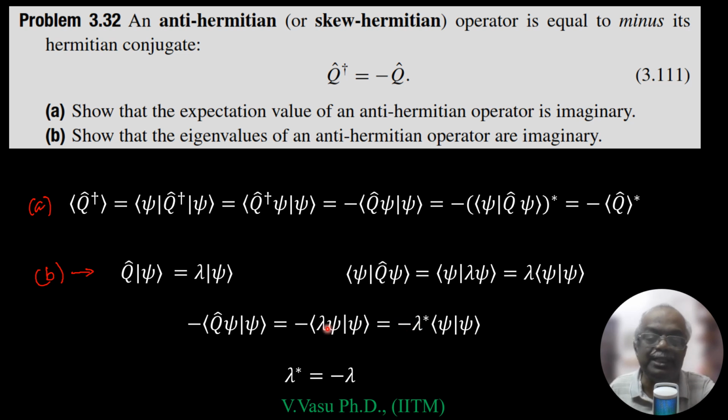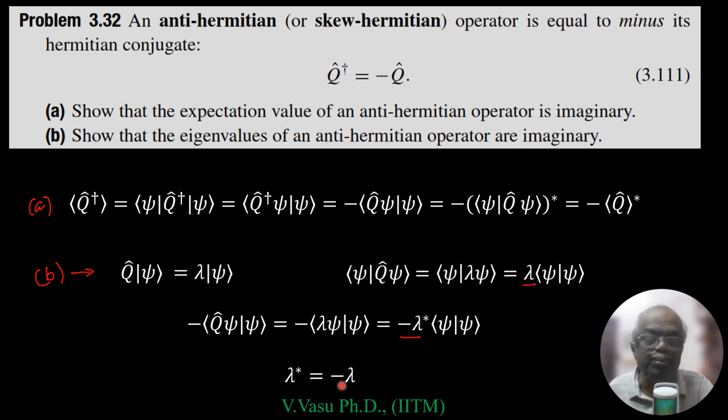Then if you bring this lambda outside, remember that lambda is on the bra vector side, so naturally it will be lambda star, the complex conjugate, minus lambda star. Comparing this and this, minus lambda star is equal to lambda, or lambda star is equal to minus lambda. Naturally the eigenvalue is imaginary.